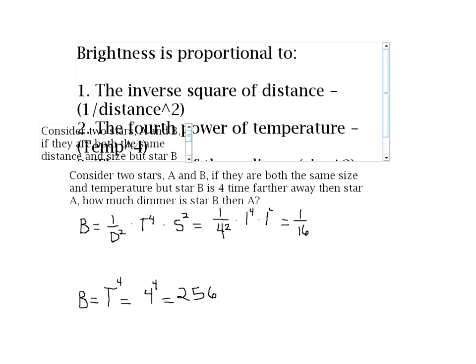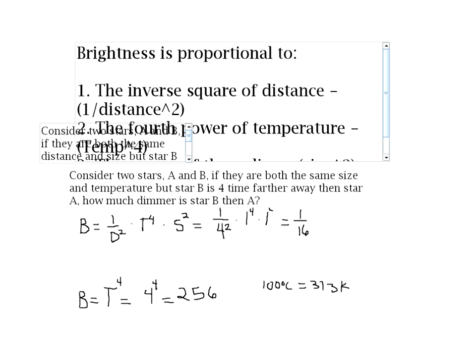Again, this has to be Kelvin. So it's not that you go from 100 degrees Celsius to 400 degrees Celsius. You have to increase it in Kelvin, and so remember that to change from Celsius to Kelvin, you add 273. So 100 degrees Celsius is equal to 373 Kelvin.